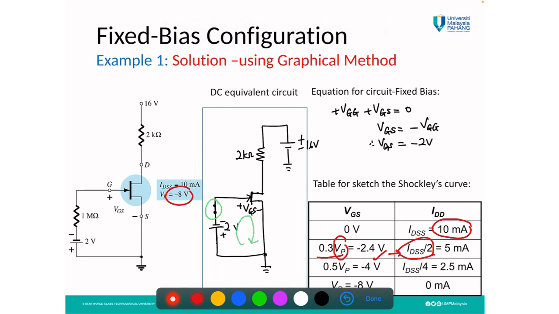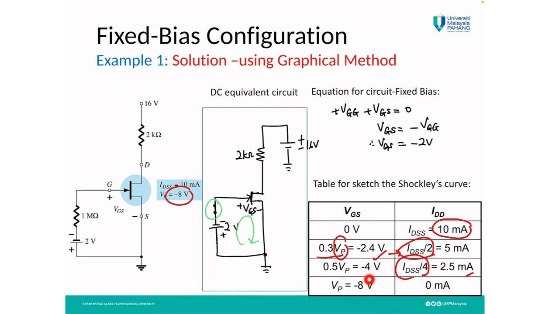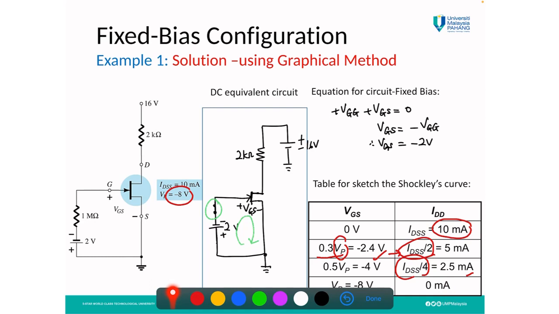And so on, here we get 0.5 VP, which is negative 4 volt, and IDSS divided by 4, we get 2.5 milliampere. And last is VP, here negative 8 volt, and we get ID is 0 ampere.